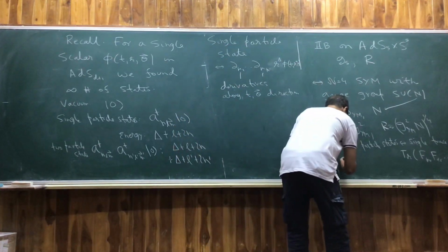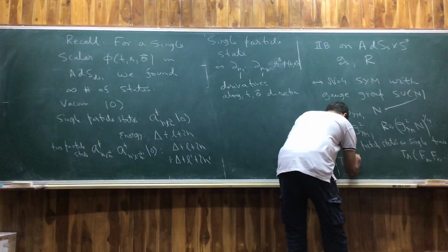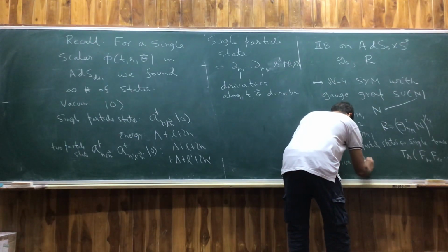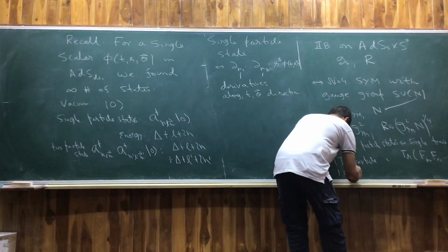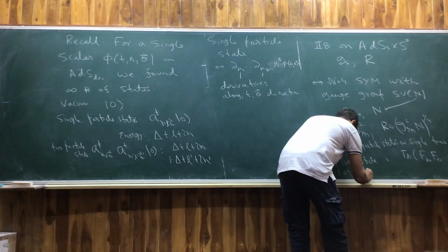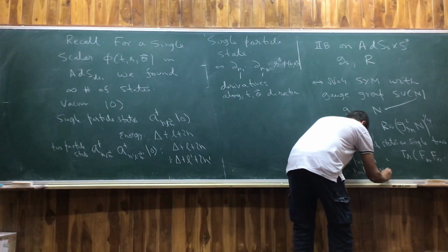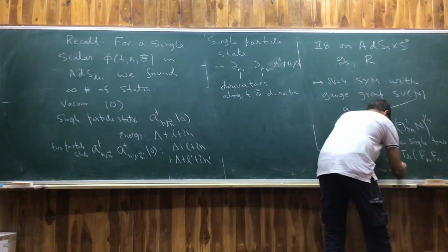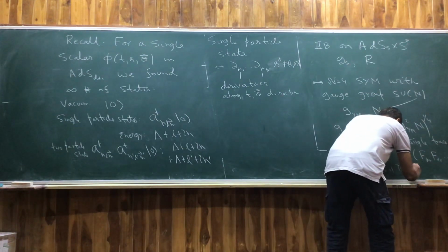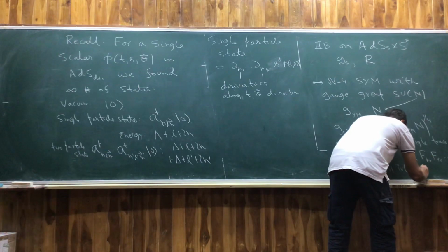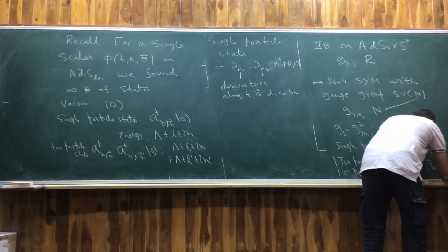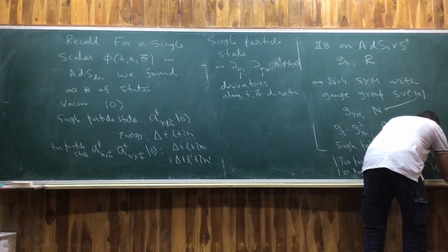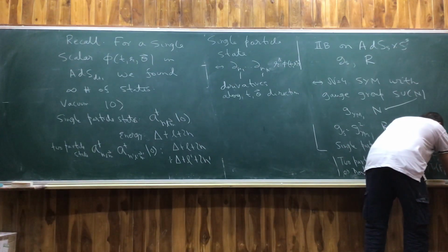Two particle states should correspond to double trace operators: trace of F mu nu, F rho sigma, etc., times trace of F mu prime, F rho prime, sigma prime, etc., and so on.